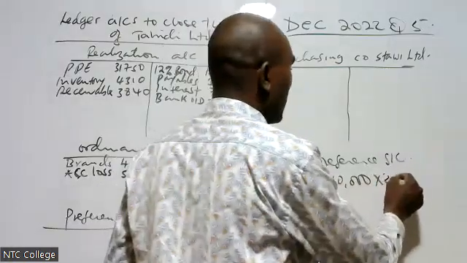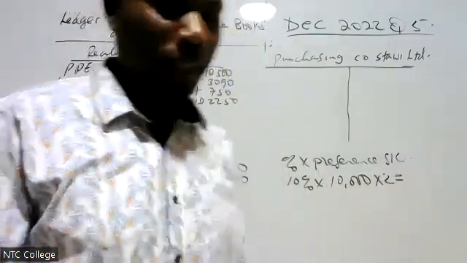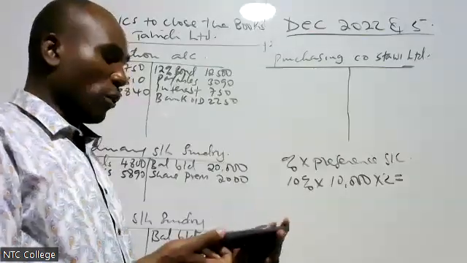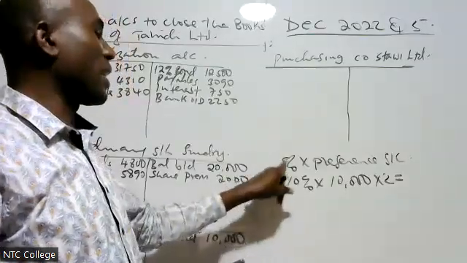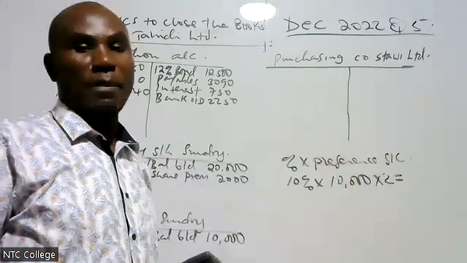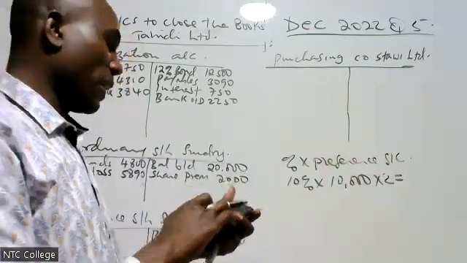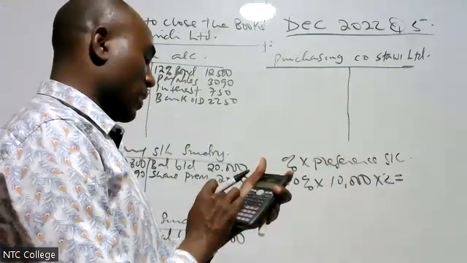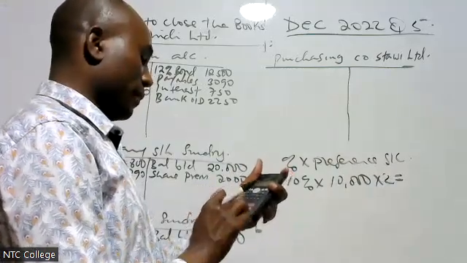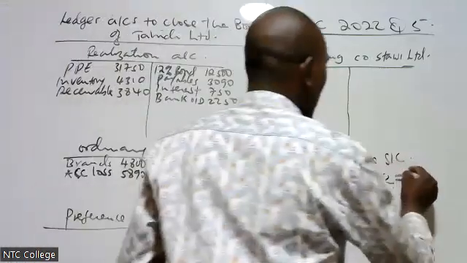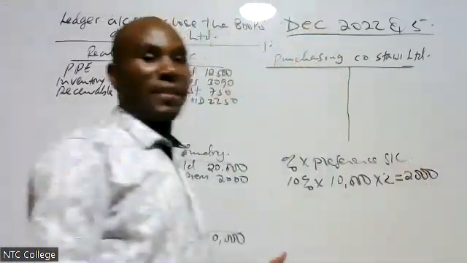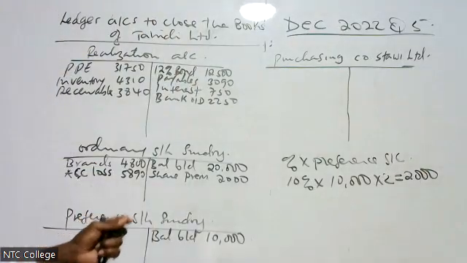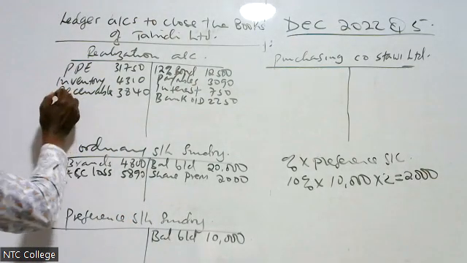Therefore, preference dividend, it was 2 years in arrears. How do we get it? You take the percentage times preference share capital. That is 0.1 times 10,000, which is 2,000. Preference dividend in arrears was 2,000. Where do I take it? I debit realization.